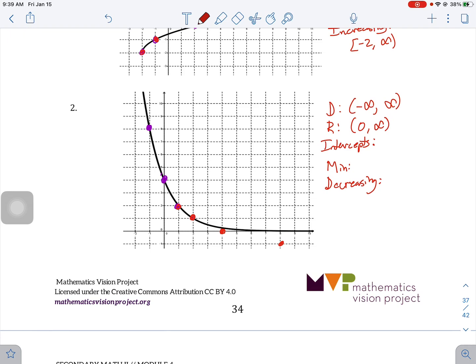We can see there is a y-intercept here at 0, 4. It's going to approach the x-axis, but it's not going to cross. And the minimum is going to approach the x-axis. It's decreasing over the entire domain.